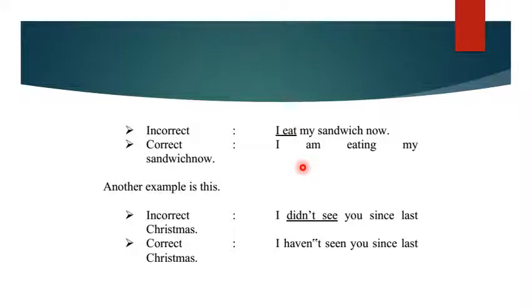This is again because of a literal translation from Arabic and the loss of the equivalent to the present perfect tense in Arabic. Actually, in colloquial Arabic we have this continuity, this present continuous. In this situation we don't say أنا أكل, we say أنا باكل الساندويتش.